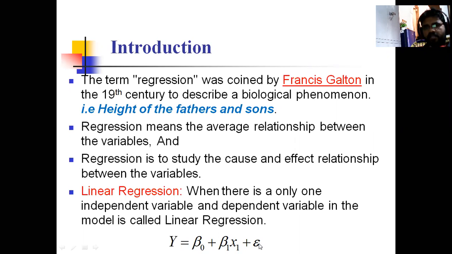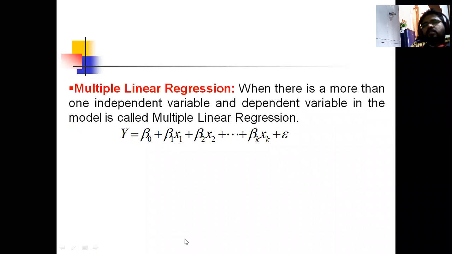Is this clear? What is regression, who introduced regression, and what is linear regression? Then we'll go on to multiple regression. In multiple regression, there is more than one independent variable along with the dependent variable in the model.